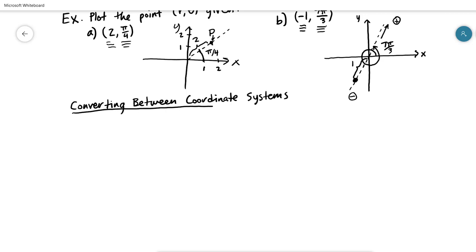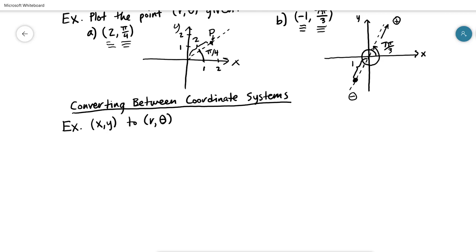Okay, so here's our next topic, converting between coordinate systems. And again, I'm just going to do this by example. So in the first example, I want to give you an xy coordinate and ask you to convert it to an r theta. So in this case, we're going from xy to r theta.